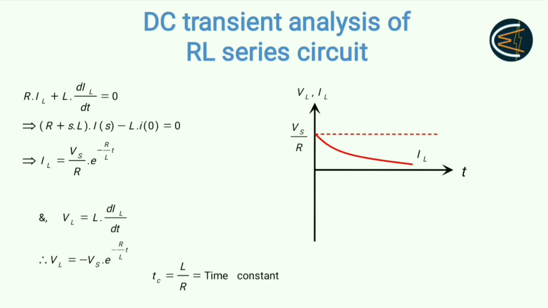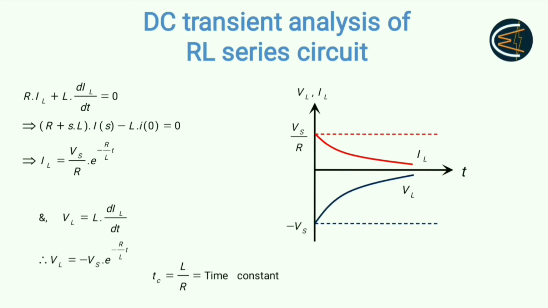So this is the graphical explanation. See, this is an exponential curve. As you can see, it is starting from Vs by R and gradually it decreases to 0 at t tends to infinity. Similarly, if you look at this expression, this is also exponential, starting from minus Vs, exponentially decreasing towards 0.